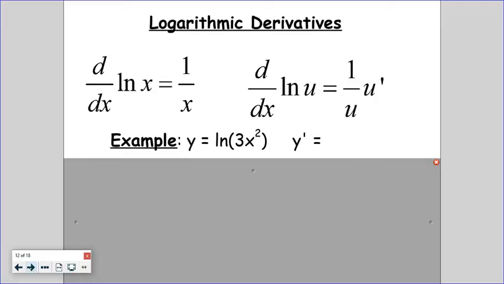But if we've got just a plain old natural log of x, the derivative of that is 1 over the insides, 1 over x. Okay, well, if our insides is more than just the letter x, it's some function, natural log of some function, then it's chain rule. 1 over the insides times the derivative of the insides.